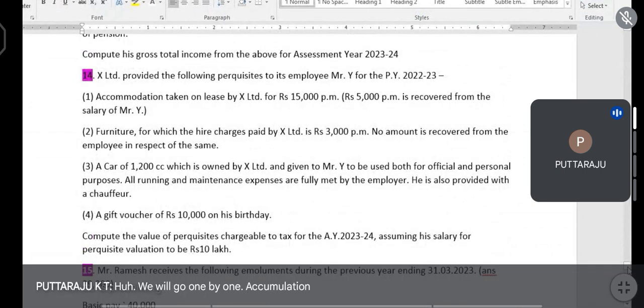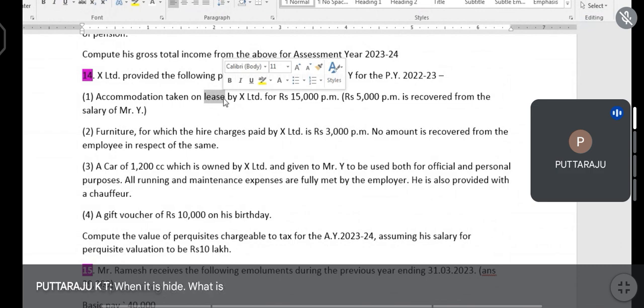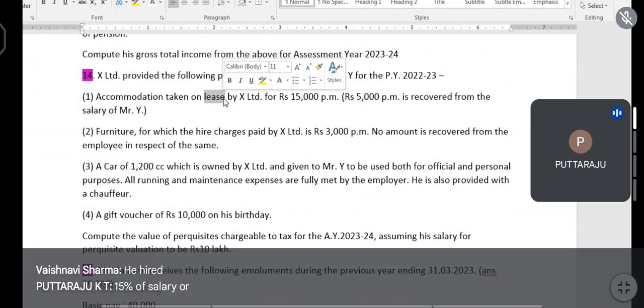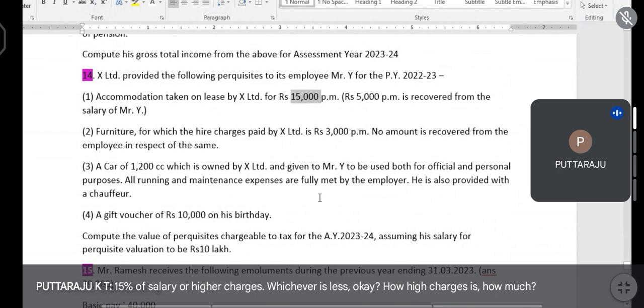Accommodation taken on lease. Taken on lease means is it owned by X Limited or hired by X Limited? Hired by X Limited. What does the provision say when it is hired? 15% of salary or hire charges, whichever is less. Hire charges is how much? 15,000 per month.